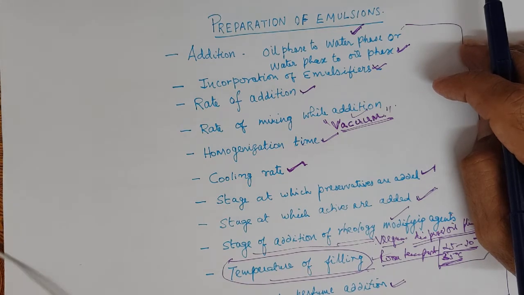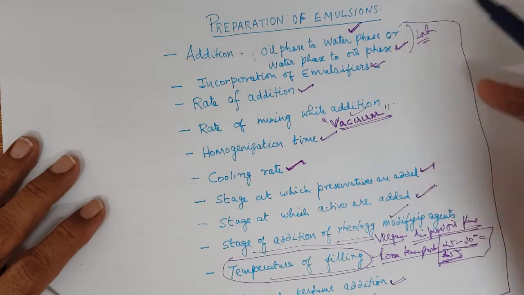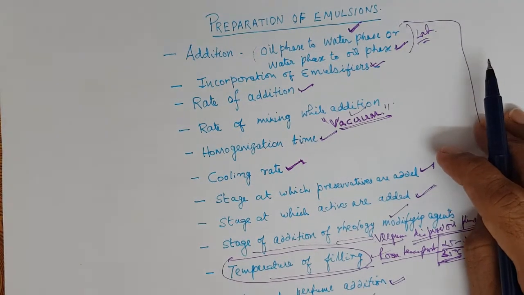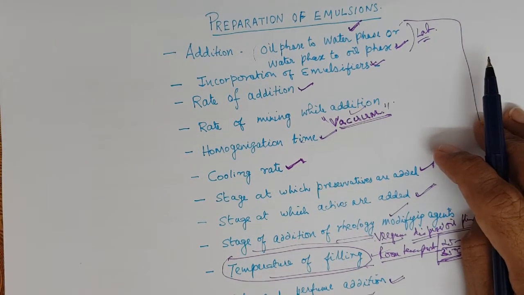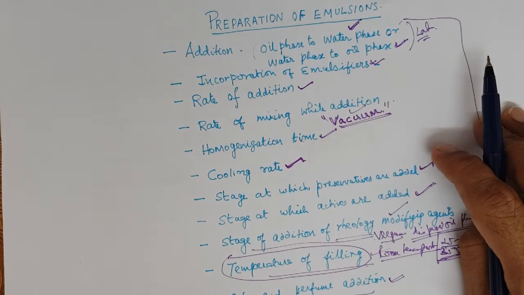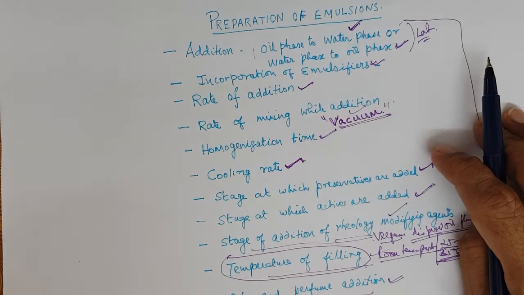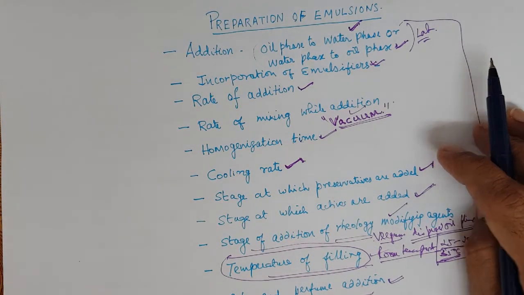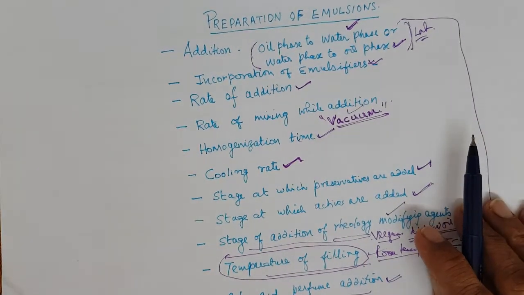Even in the lab you have to decide which way you are going to add, based on the product characteristics, the product type, what type of emulsion, whether it is oil in water or water in oil emulsion. A lot of other aspects count. Based on that you decide these things in the lab itself.